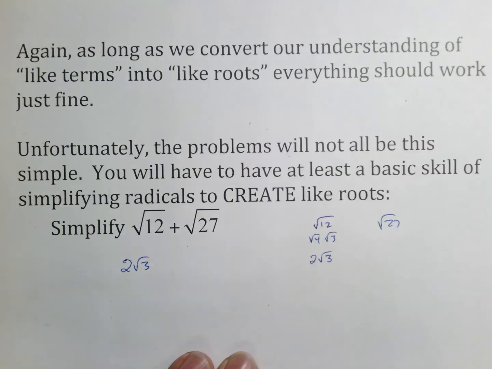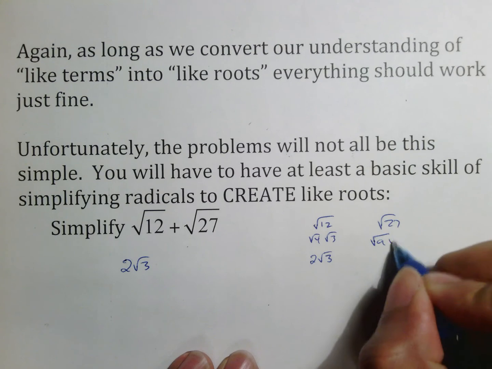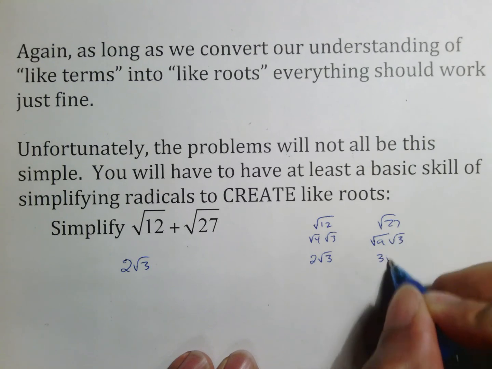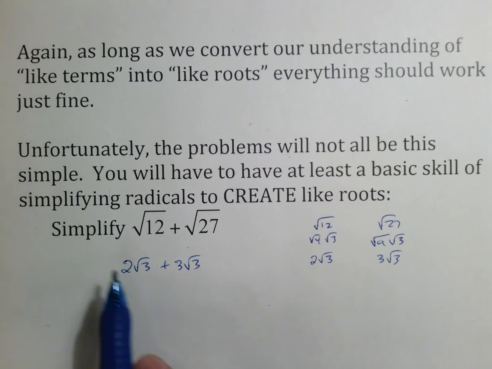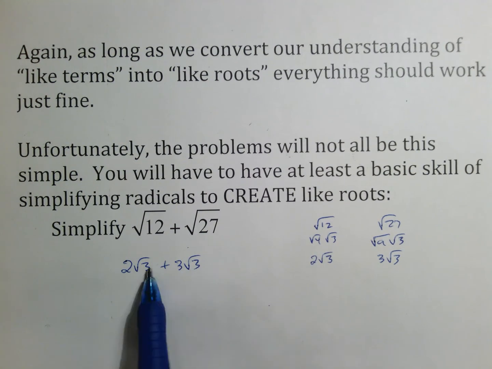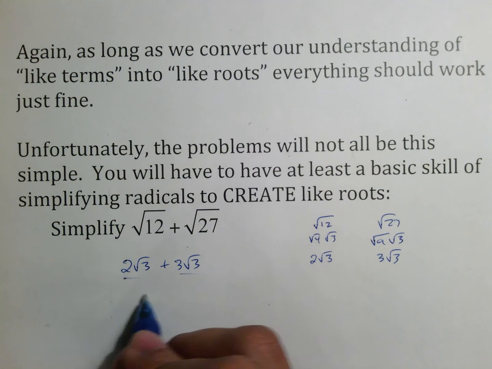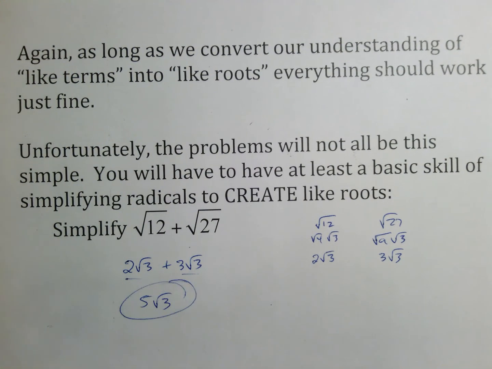Notice that it's 9 times 3, which means that this ends up as root 9 root 3, which turns into 3 root 3. So we can now write this as 3 root 3. Now that we have it in this form, notice that the roots are the same. These are like roots, which means we can put them together. 2 and 3 make 5 root 3's. That is all that you are doing. As long as you know how to simplify, you should be okay.